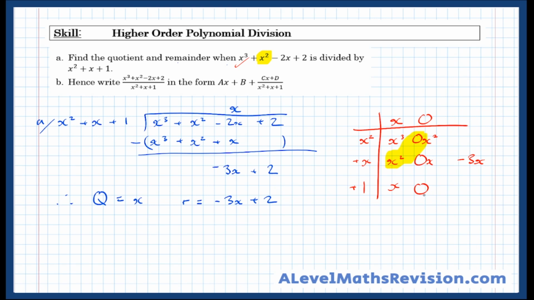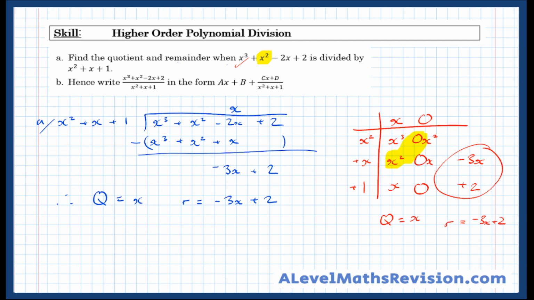And then we've got 0 as a number, but we need positive 2. So positive 2. And there's our remainder there, minus 3x plus 2. So the quotient, we can see, is x here. And the remainder is minus 3x plus 2. Two different methods for doing the same thing.